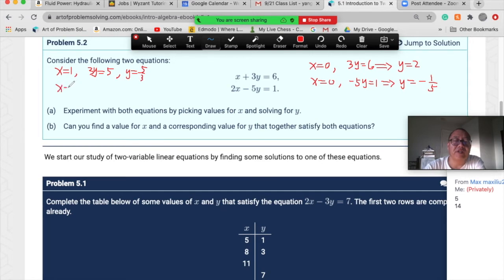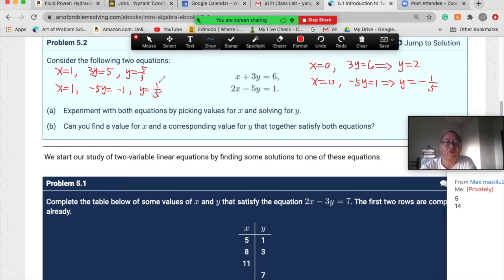From the second one, suppose x still equals 1, then we get negative 5y. x equals 1, so 2 times 1, that's 2. So both sides minus 2, this one will be negative 1. From this, we get y equals 1/5. So these two numbers are still not the same. That means we're still not lucky.